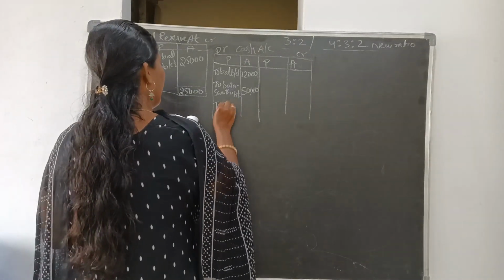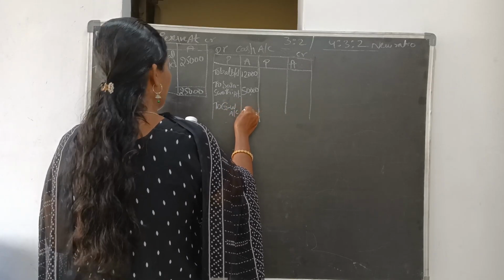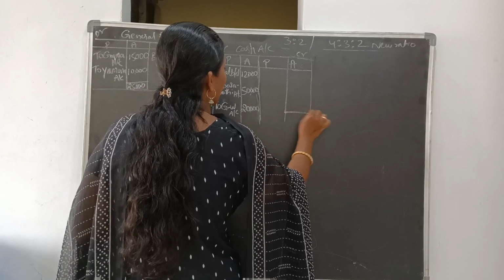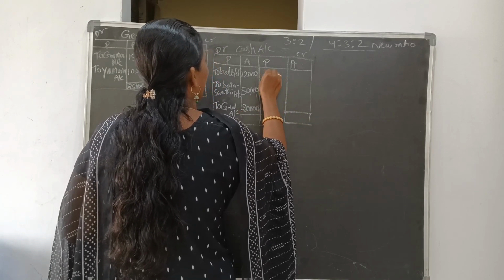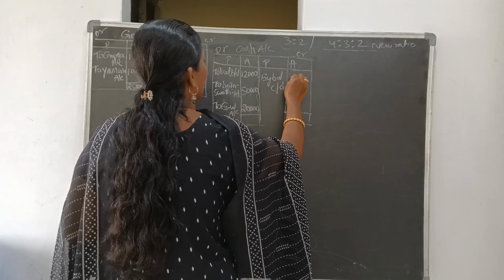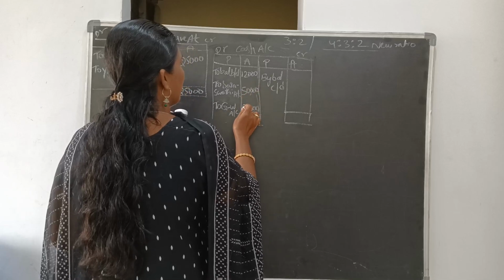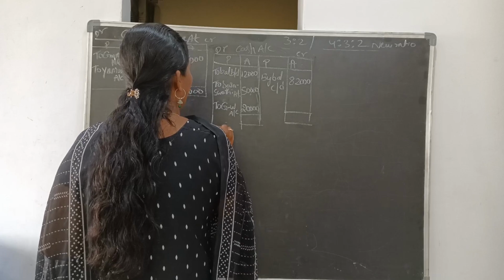Now goodwill. Goodwill brought by Saraswati is 20,000. Now close the account by balance carried down. Make the totals 50, 60, 70, 82,000. 82,000 is the closing balance of the cash.